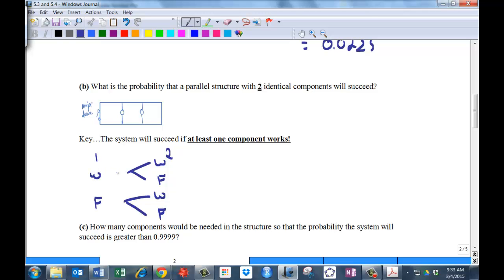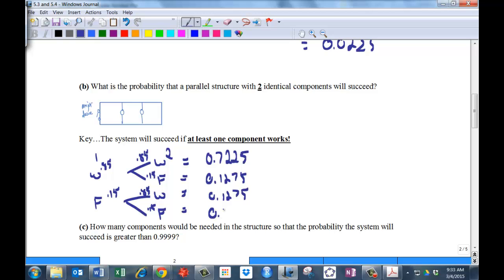So both work, right? They're 0.85 times 0.85, so we multiply those together. And then fail is 0.15, work is 0.85, and fail is 0.15. So again, we can get all these probabilities, just multiply them out. So we get 0.7225, 0.1275, 0.1275, and 0.0225.